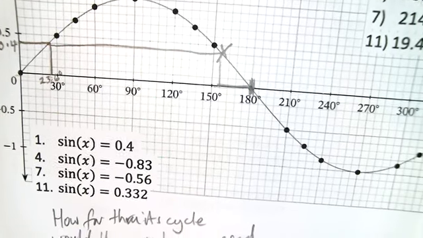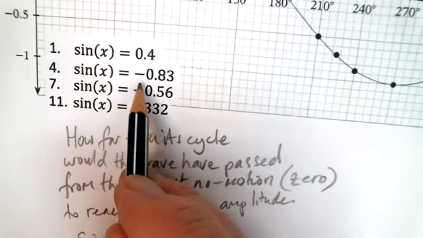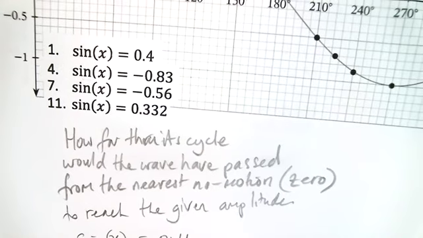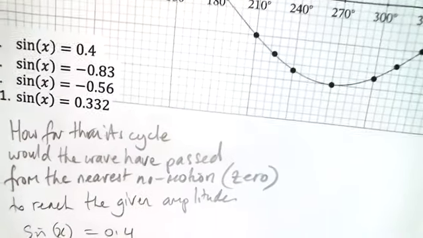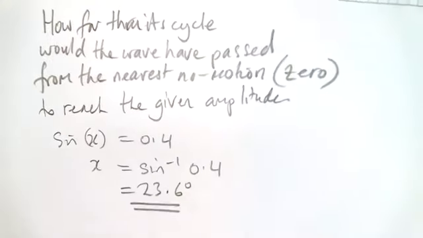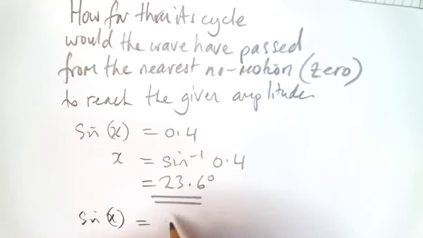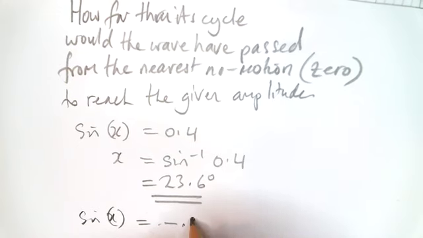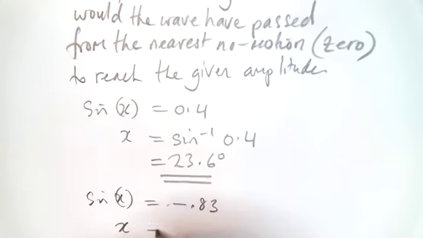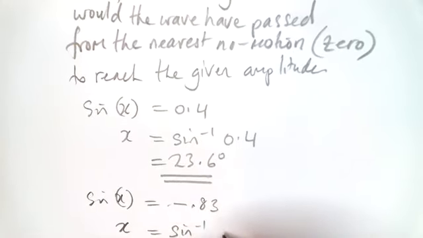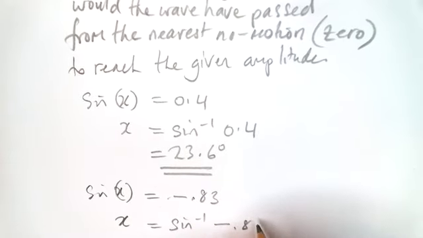Here we go. Let's have a look at sine x is negative 0.83. Now this is a bit of a trickier one. So let's have a look first of all what that would be. Sine x is equal to negative 0.83, so x must be equal to the arcsine of negative 0.83.